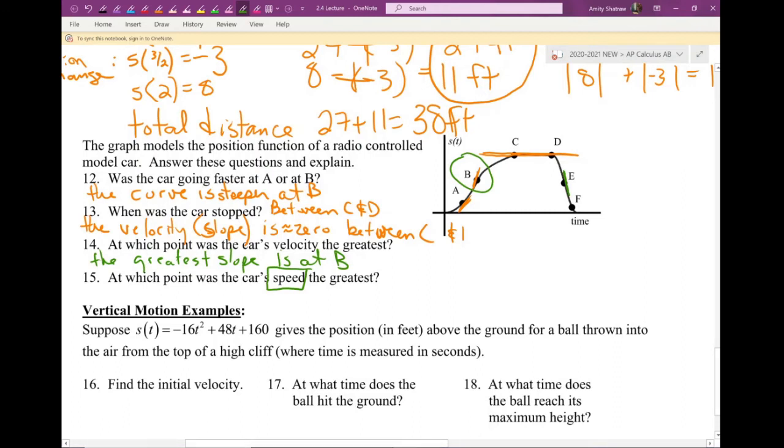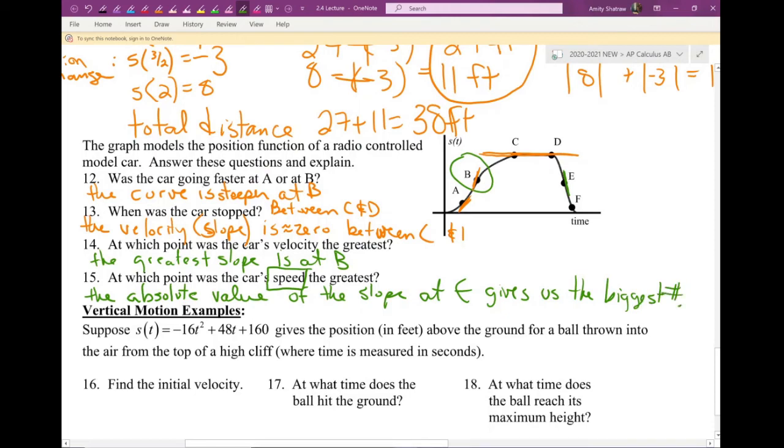So I'm going to write that down. The absolute value of the slope at E gives us the biggest number. Okay? Now, what about vertical motion examples with actual balls?